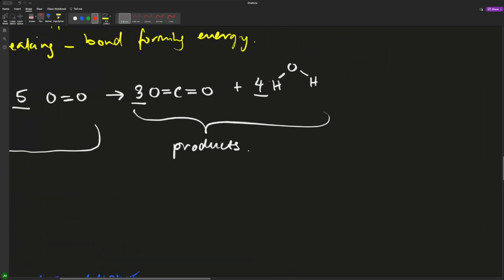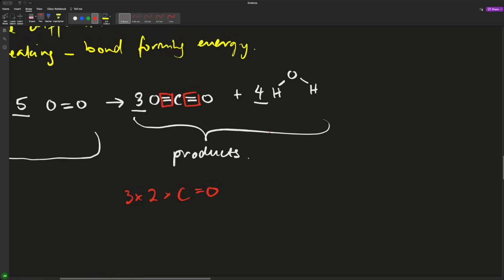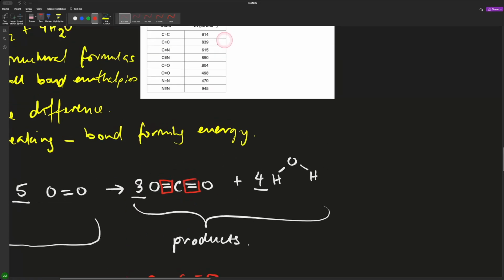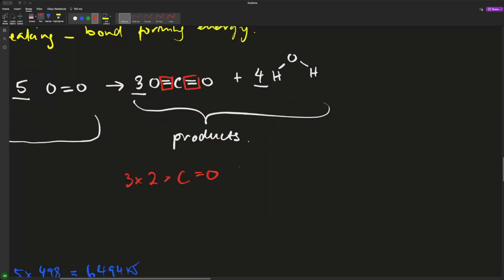All right, now moving on to the bond forming process in the products. Okay, we are forming these C double bond O's. There are 2 of them, but we have 3 CO2s. So actually it's 3 times 2 times these C double bond O's. And the C double bond O energy is 804 kilojoules. We also have 4 water molecules.